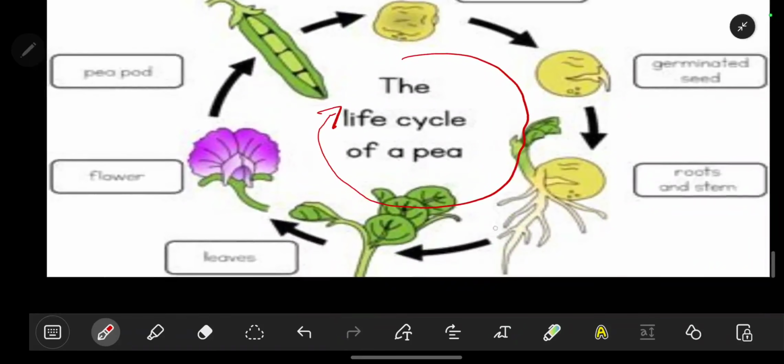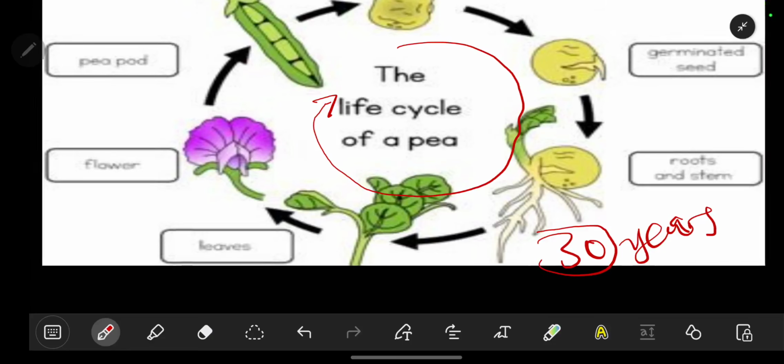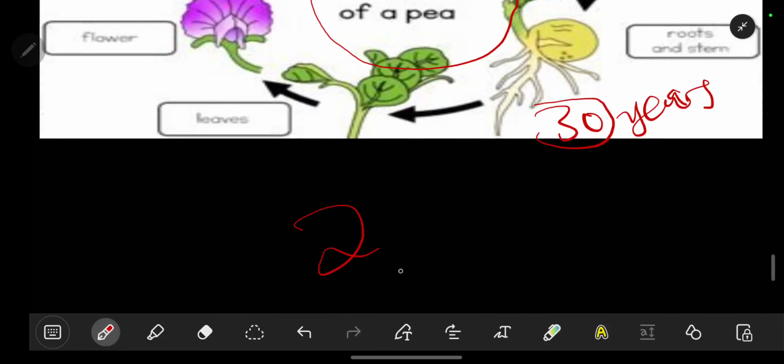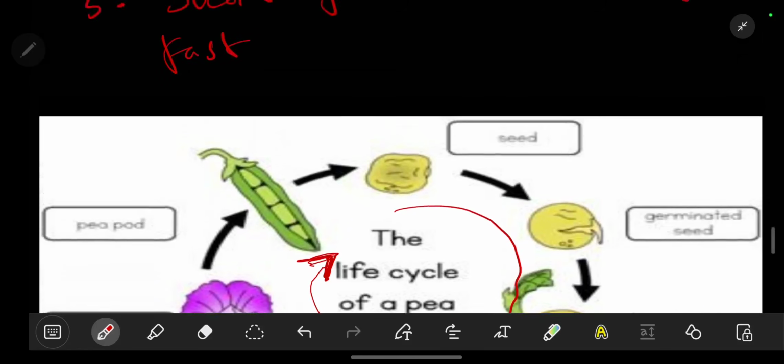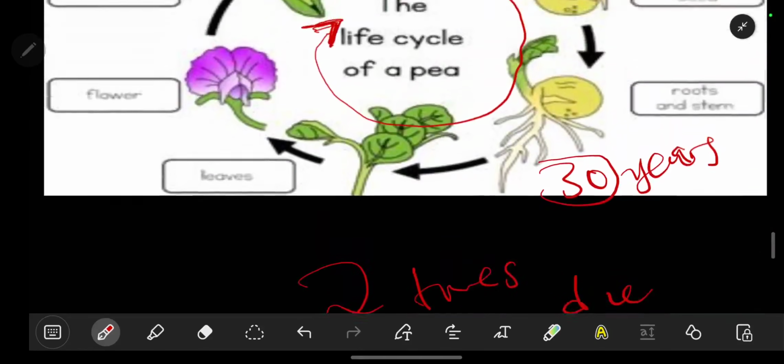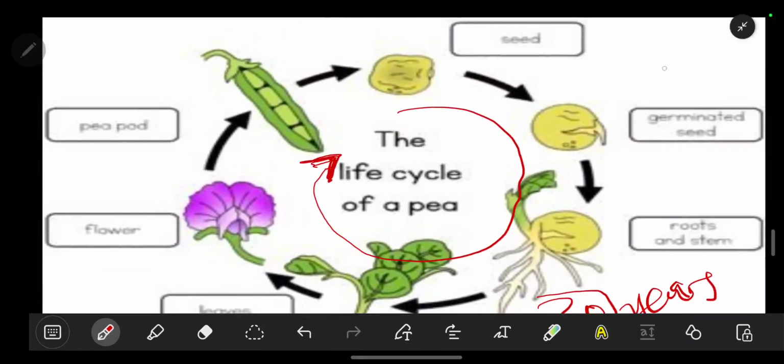He couldn't have used specimens such as humans or another animal, because that would take 30 years for the next generation. You might study the organism's outcome just 2 times and even die. So he needed something he could do over and over to produce the outcome very fast. That is why he used garden peas.